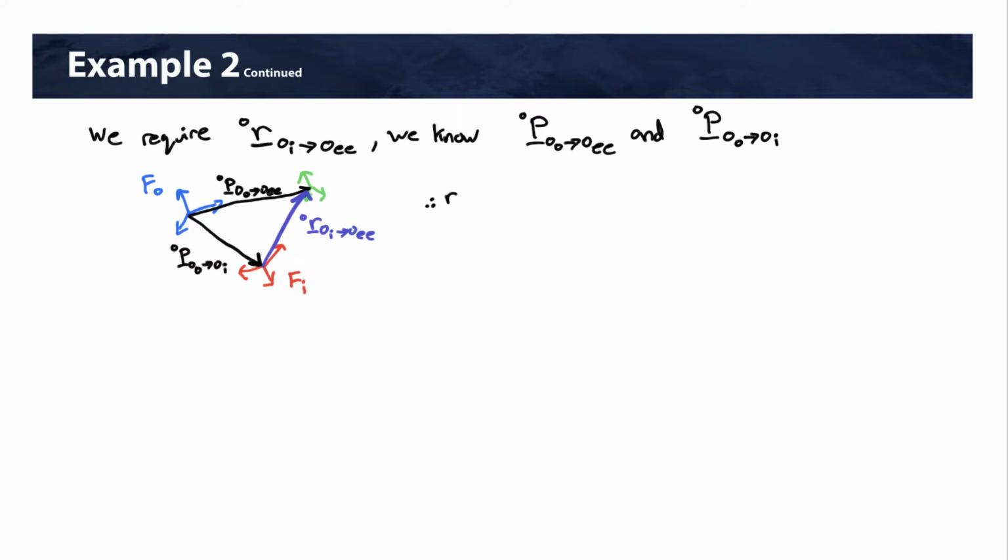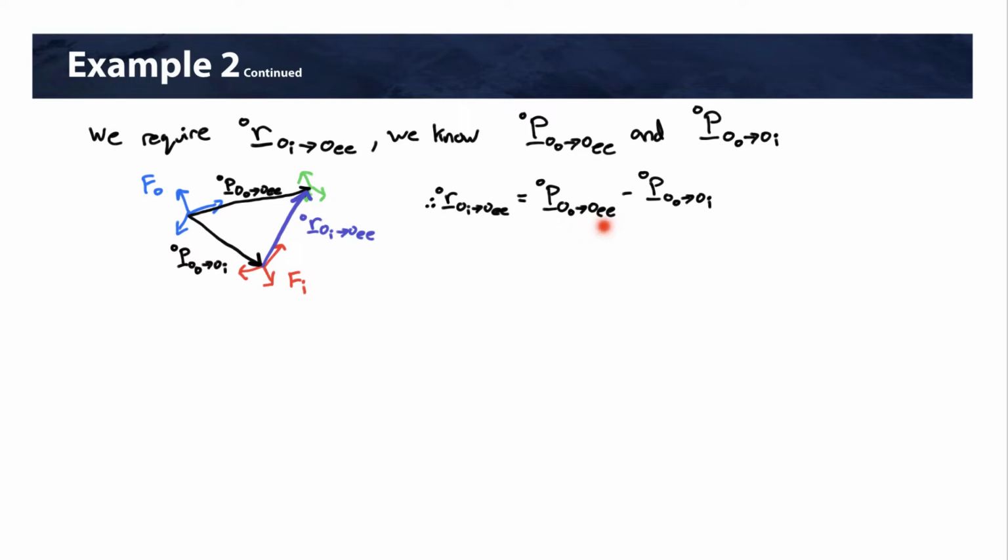In this case, our vector R is simply going to be our vector P from the base frame to the end effector frame minus P from the base frame to frame I. We can use this to calculate our R vector for each of our revolute joints.